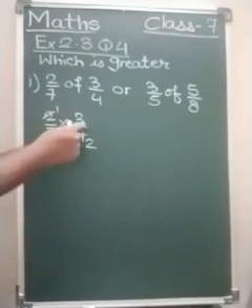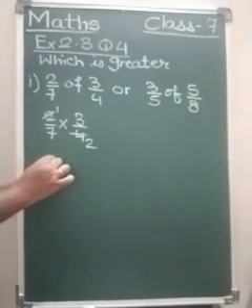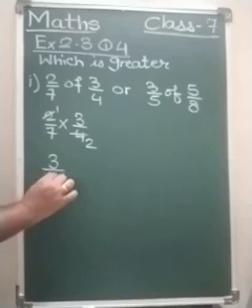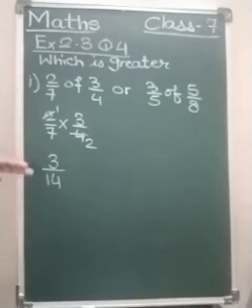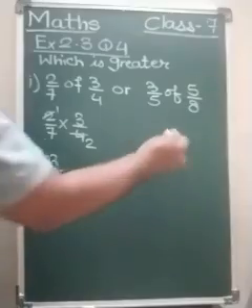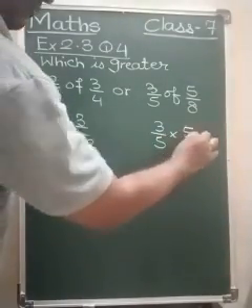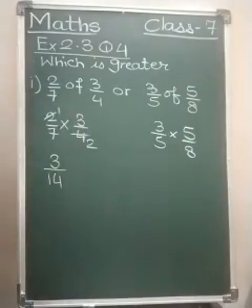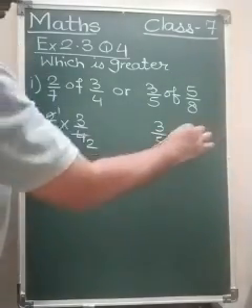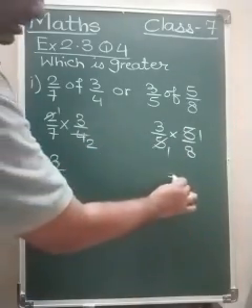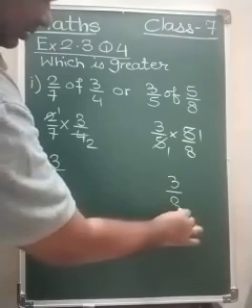So we are left with 1 multiplied by 3, so this will become 3, and 7 multiplied by 2 will become 14. 3 upon 14. 7 twos are 14. Now this part, 3 upon 5 multiplied by 5 upon 8. 5 ones are 5, 5 ones are 5, it gets cancelled, and we are left with only 3 upon 8.